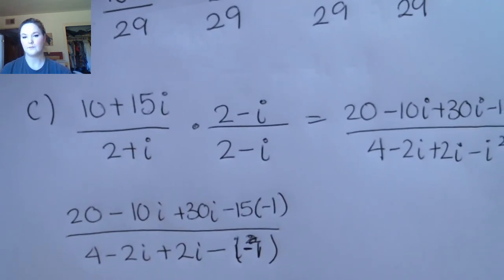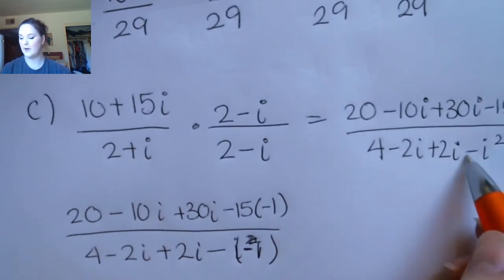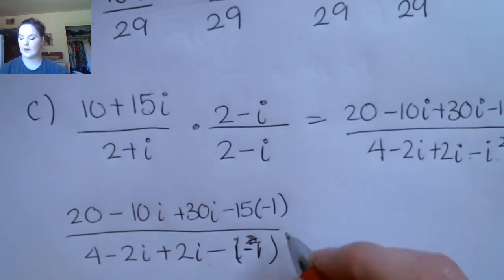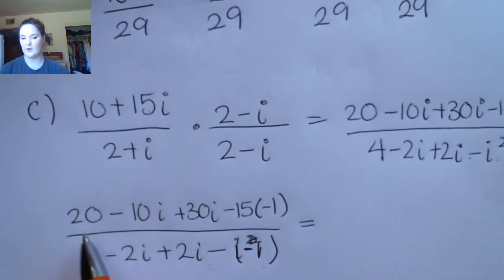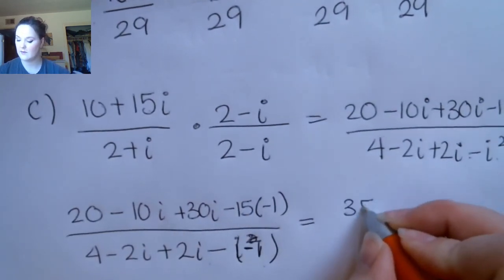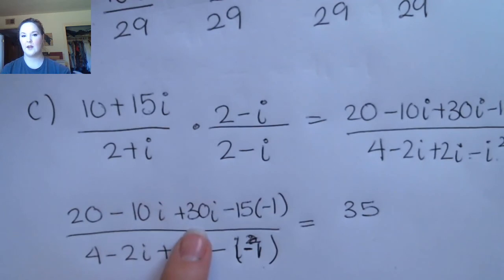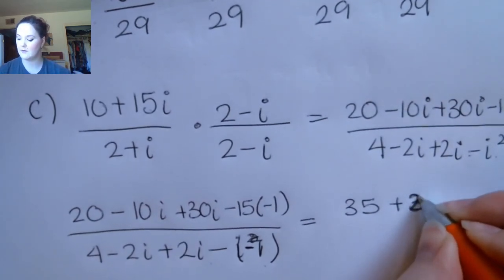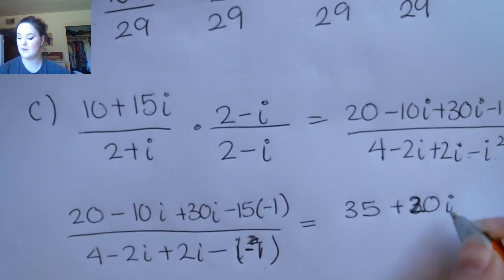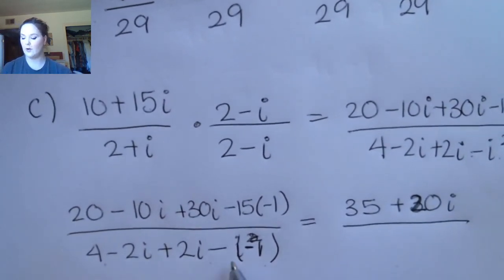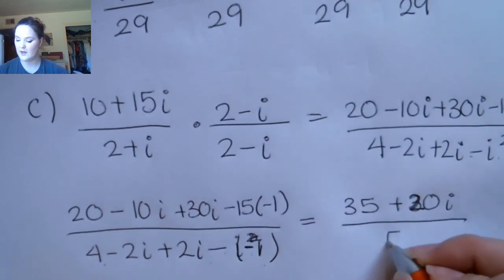Right, minus i squared is minus negative 1. And then I'm going to combine my like terms. So I have 20 plus 15 is 35. I have negative 10i and positive 30i, so that's positive 20i. And then in the denominator, I have 4 plus 1, which is 5.